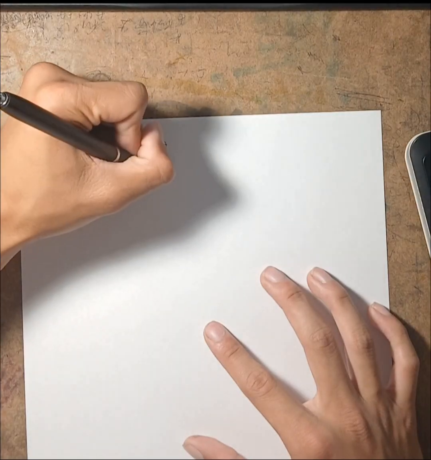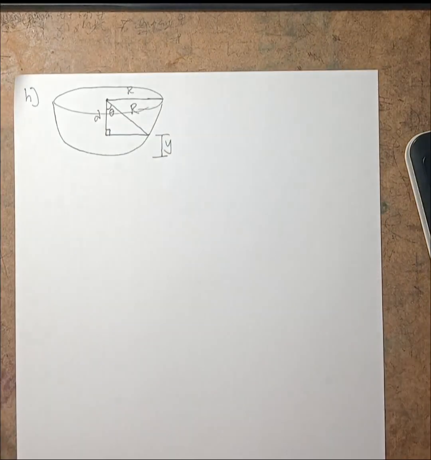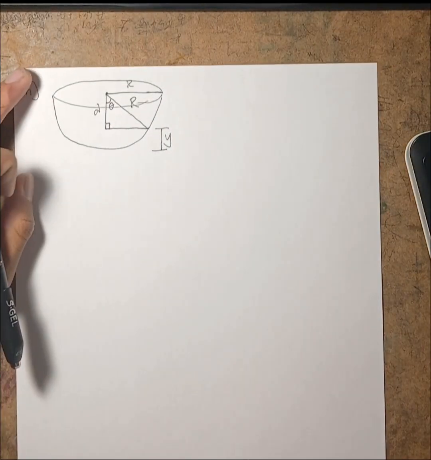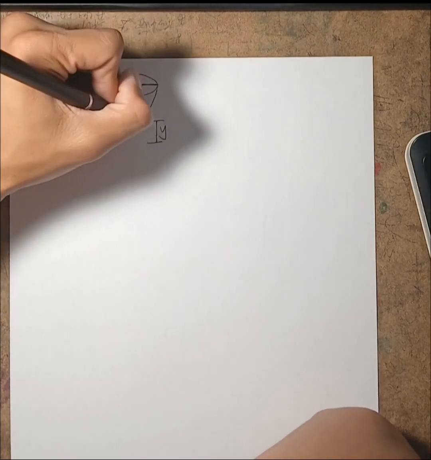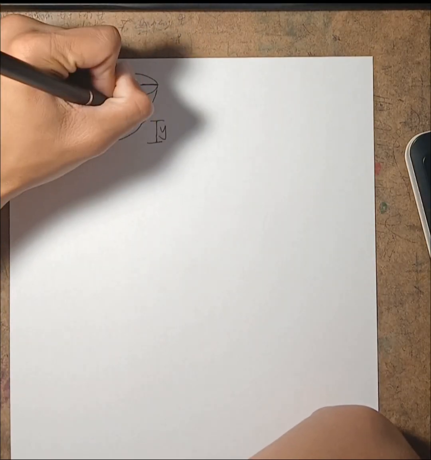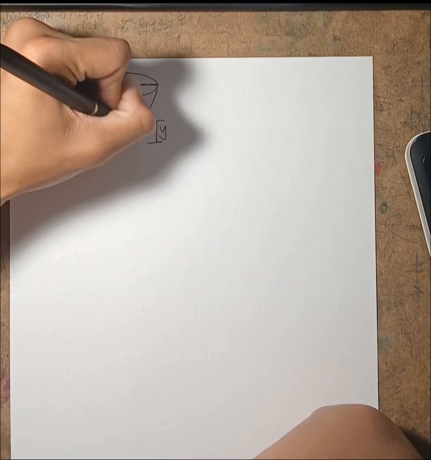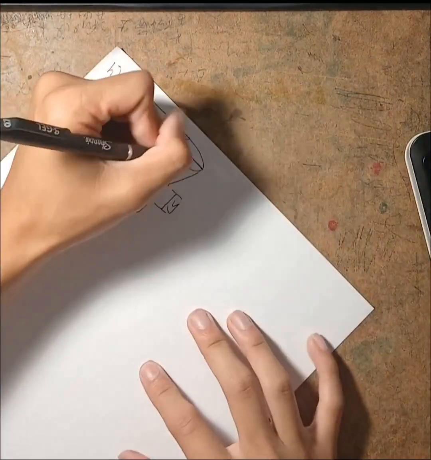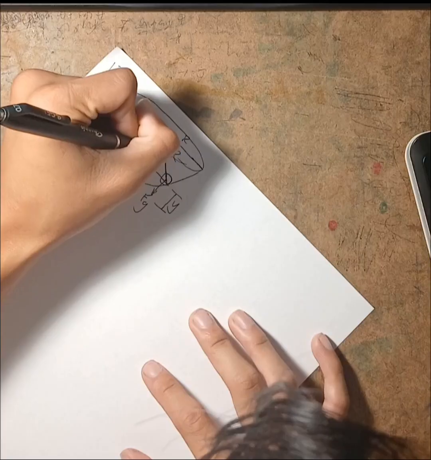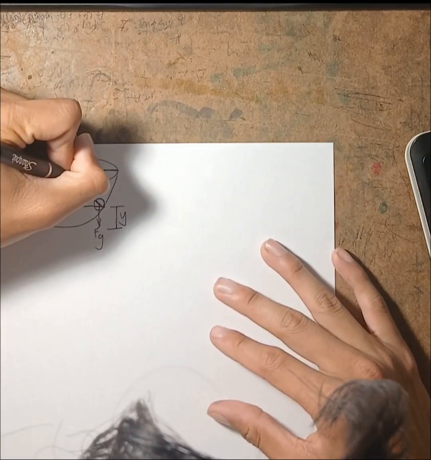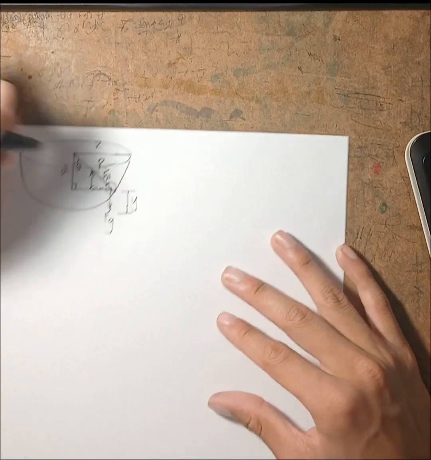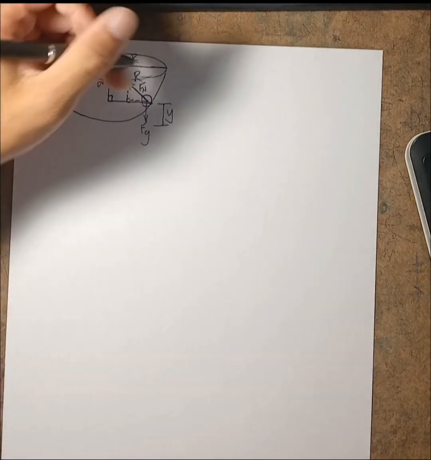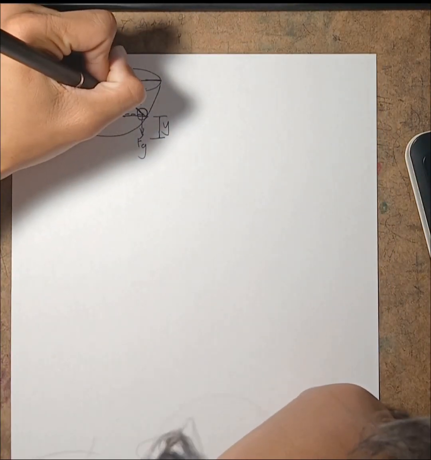This is still D, this is still Y. Now if we want to find omega, we need to focus on our forces acting in the X and Y directions. So Fg, of course, will be this way. Fn will be this way, and it always has components in these kinds of problems. The angle will be up here.